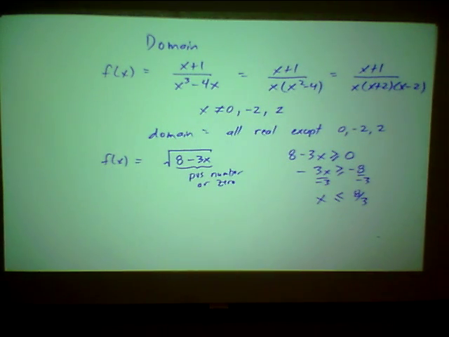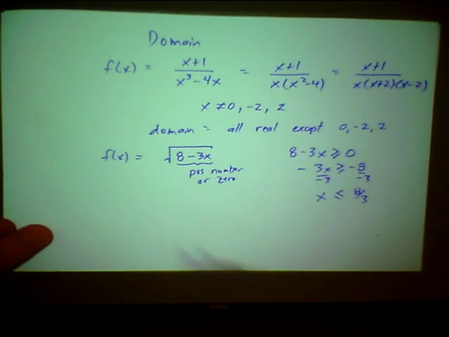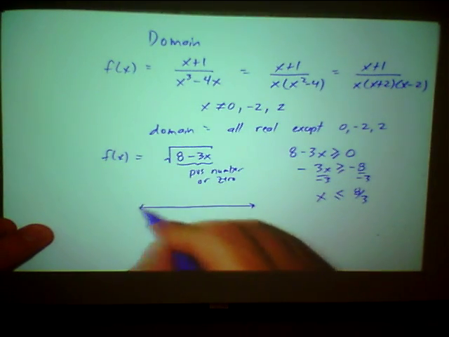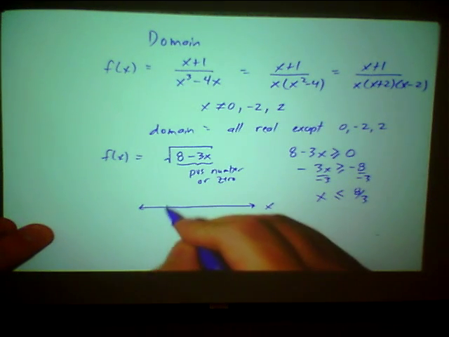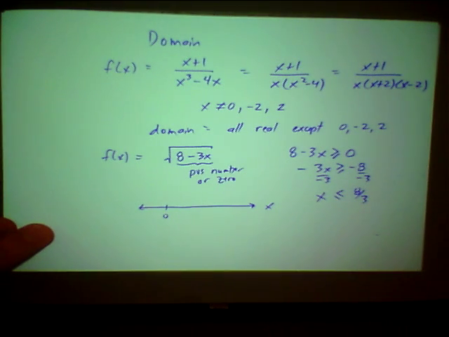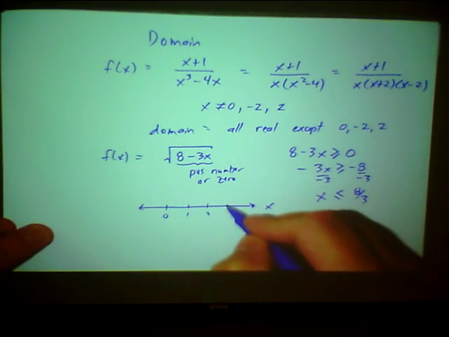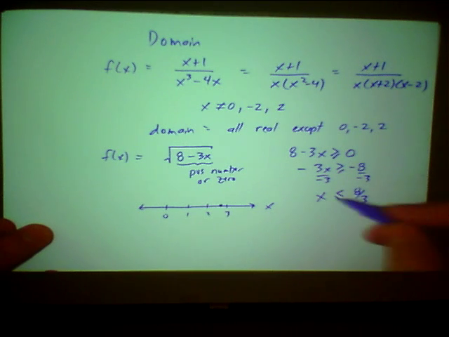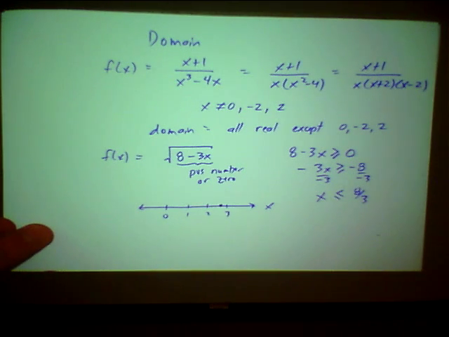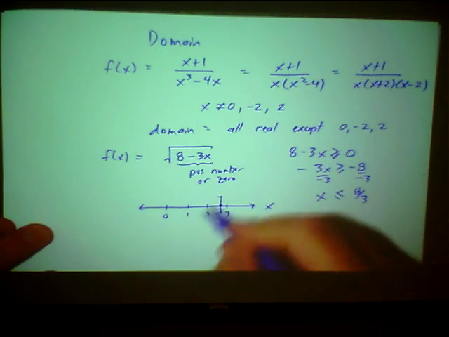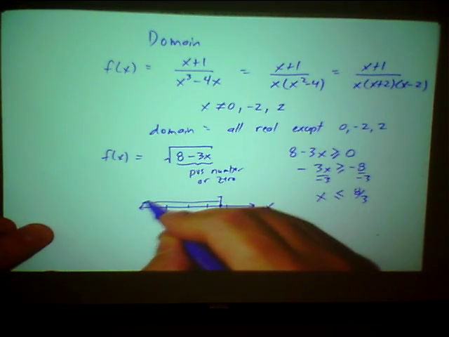Now just to make that clear, let me go ahead and just draw a quick number line. 8/3 is like 2 2/3. So it's about right here. And it says x less than or equal to 8/3. So if I draw the graph, less than or equal to looks like this.